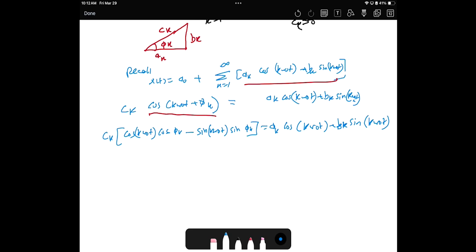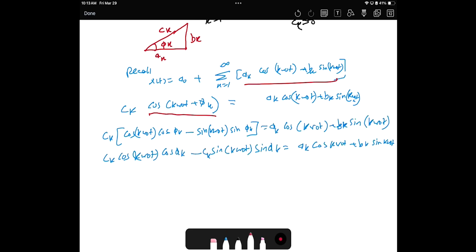Then you can multiply c k on both sides: c k cosine k omega naught t cosine phi k minus sine k omega naught t sine phi k equals a k cosine k omega naught t plus b k sine k omega naught t.